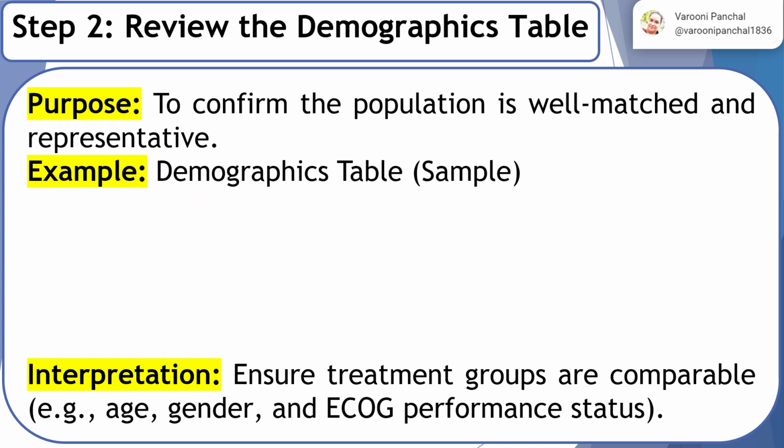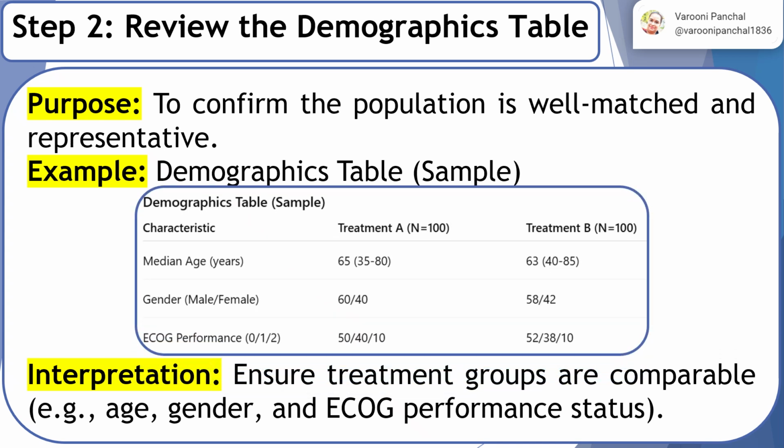Step 2 is to review the demographics table. The purpose is to confirm the population is well matched and representative. Here I have explained a sample of the demographics table where the median age in treatment A is 65, whereas in treatment B it is 63. You should ensure that the treatment groups are comparable.